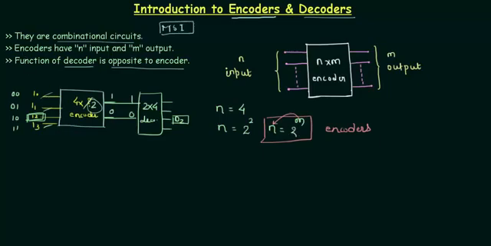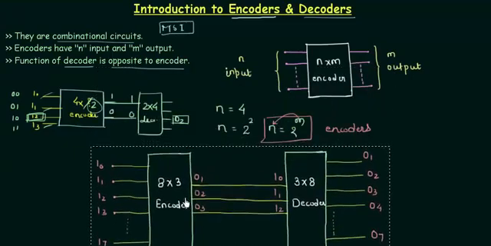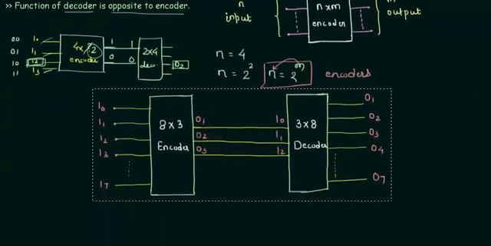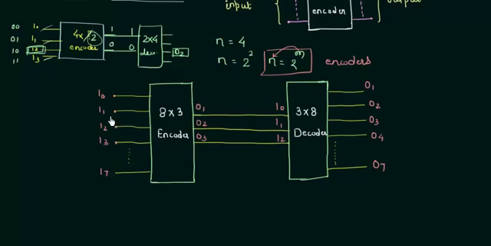Let's take an example in which I have an 8 cross 3 encoder and a 3 cross 8 decoder. Here we have 8 inputs, and because of 8 inputs, the value of output will be 3, because if n is equal to 8, which can be written as 2 to the power m, then m will be equal to 3. Instead of sending 8 data lines, we will send only 3 data lines. This is the advantage of the encoder.